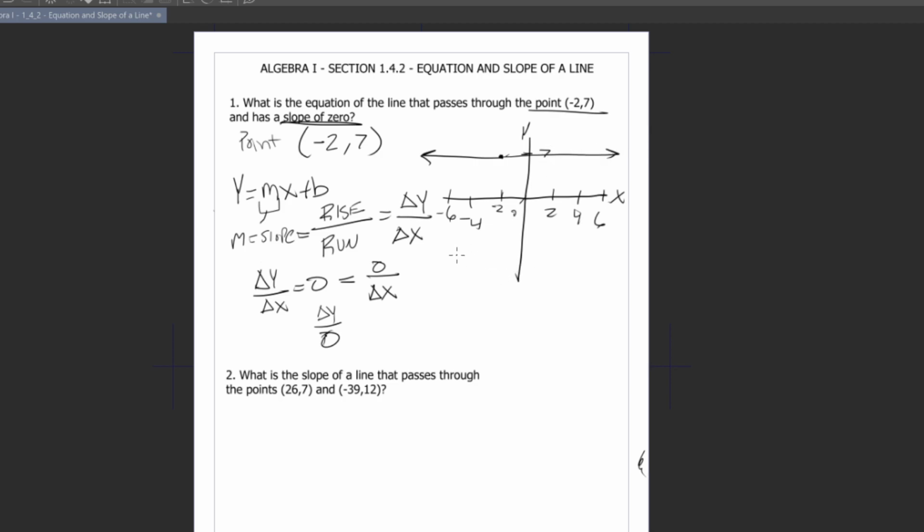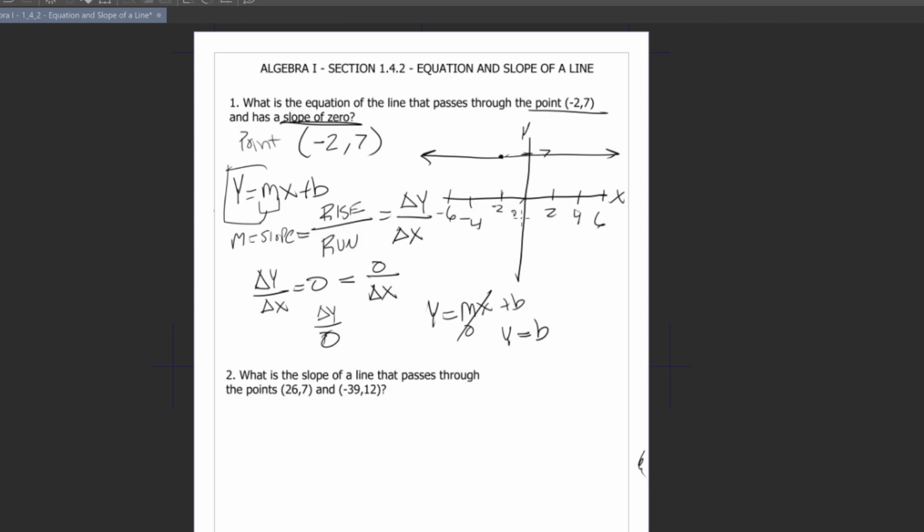So what is this equation? Let's look at standard format. y equals mx plus b. We know our slope is 0, which makes this go to 0, and we get y equals b. Well, if we're given this point and we know the slope is 0, what is the y-intercept?